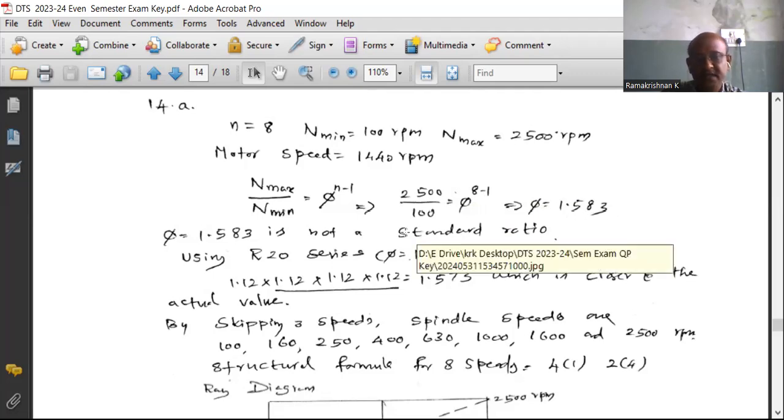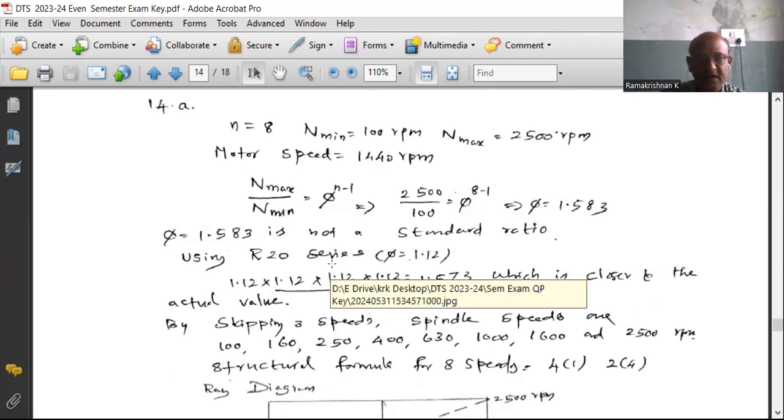So now we have the series R10, R20, R40. We can look whether the phi value we have found lies in the standard step ratios, but it is not so. So we can do a trial. Let us try the R20 series. In the R20 series, it has a standard step ratio of 1.12.